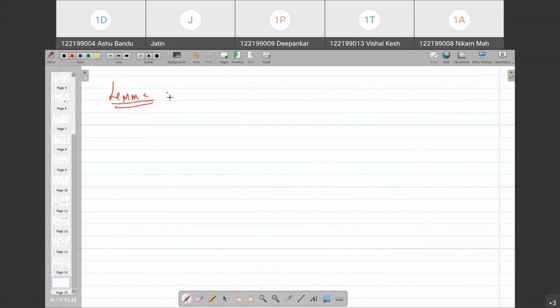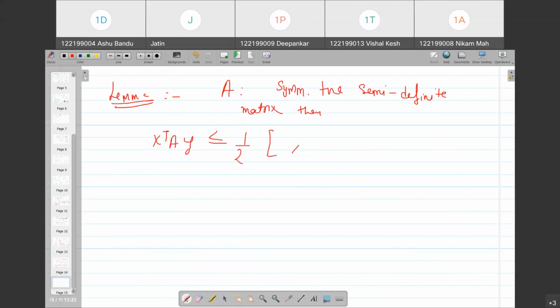If you have a matrix A, which is a symmetric positive semi-definite matrix, then X transpose AY is less than or equal to half of X transpose AX plus Y transpose AY, where X and Y are vectors in Rn. So if you have a positive semi-definite matrix, then this inequality always holds.